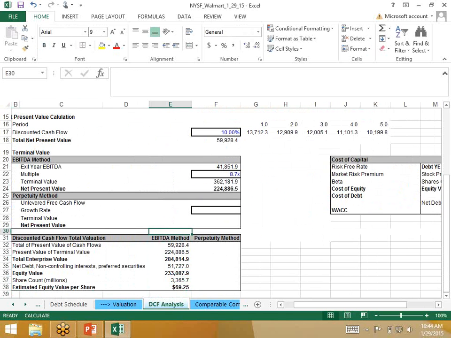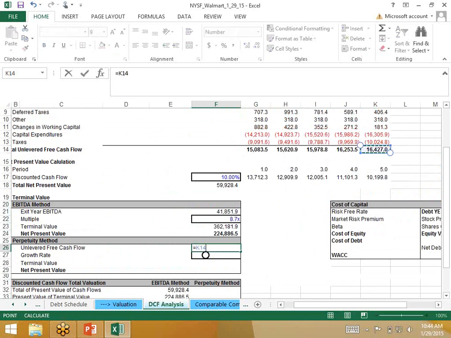So with the perpetuity method, we first start with pulling in the final projected cash flow, which is 16,427. And then we run the perpetuity formula that you have to memorize based on some growth rate.